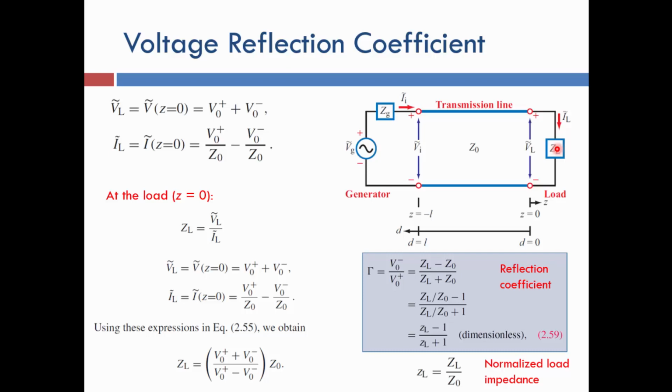So now this power which will not be delivered to the load will propagate in the opposite direction from the travel direction, and we call this power which propagates in the opposite direction the reflected power.